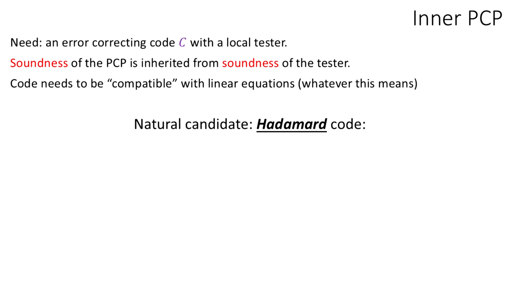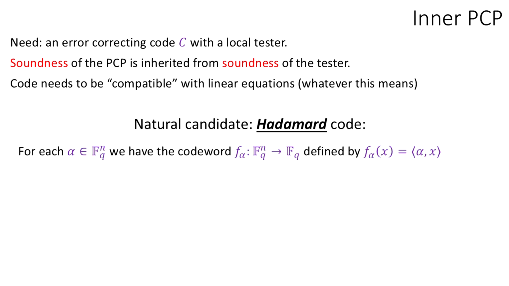When you take these compatibility things into mind, you really have only one candidate, which is the Hadamard code. So what is the Hadamard code? Well, the Hadamard code is a code where you encode a vector alpha in F_q^n using the truth table of the function f_alpha, which is just the inner product function with alpha.